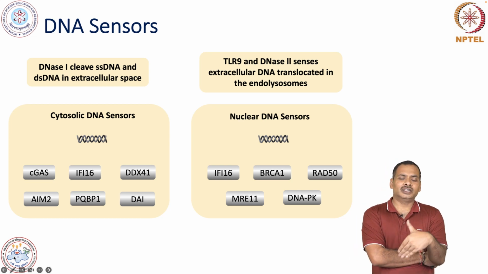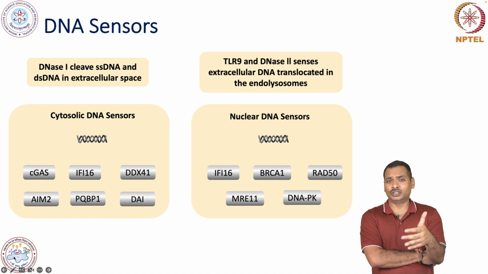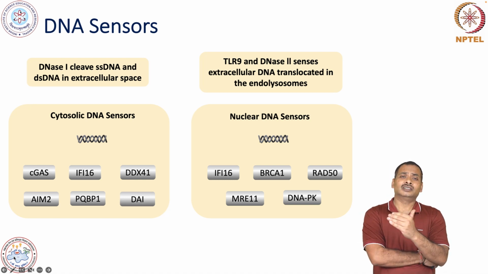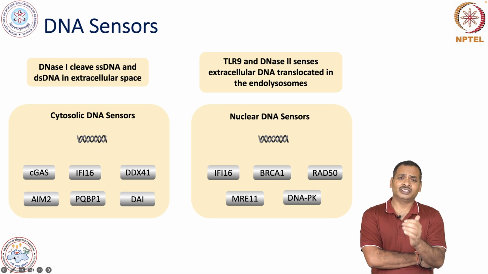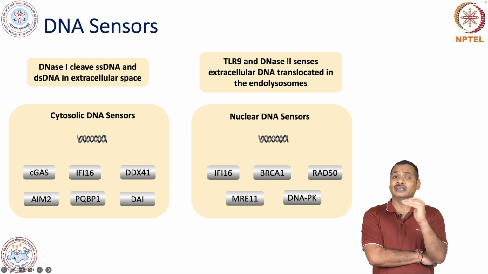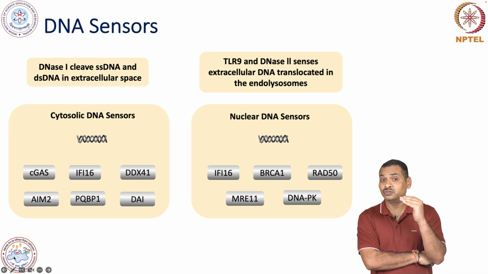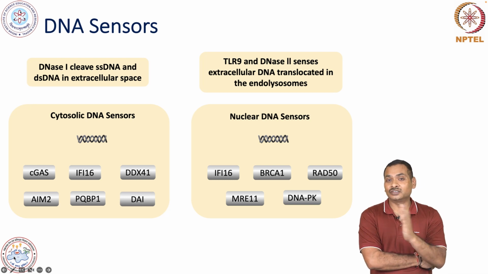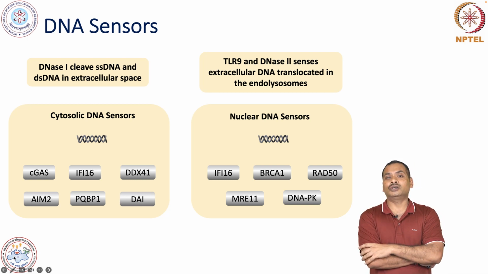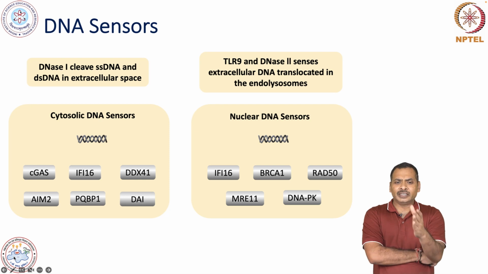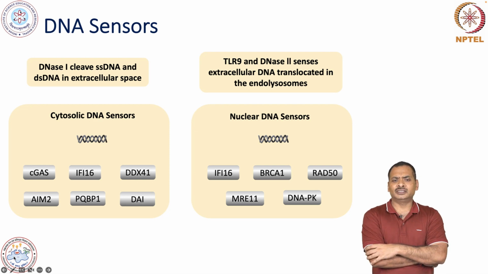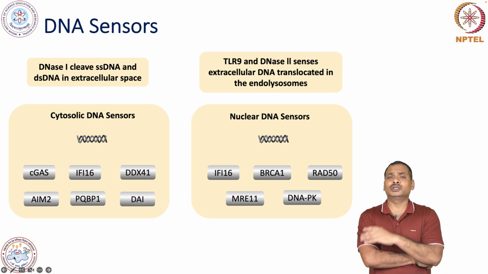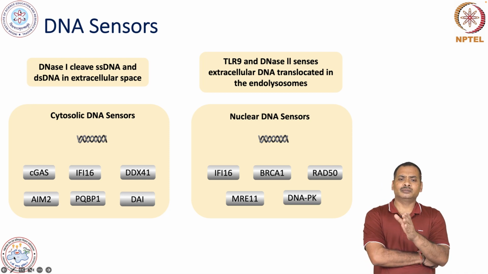And I will show you in a subsequent slide one of our works, that IFI16, which is sensing DNA, can also sense influenza virus RNA. This is our work, and this induces a kind of cell death which we call pyroptosis.